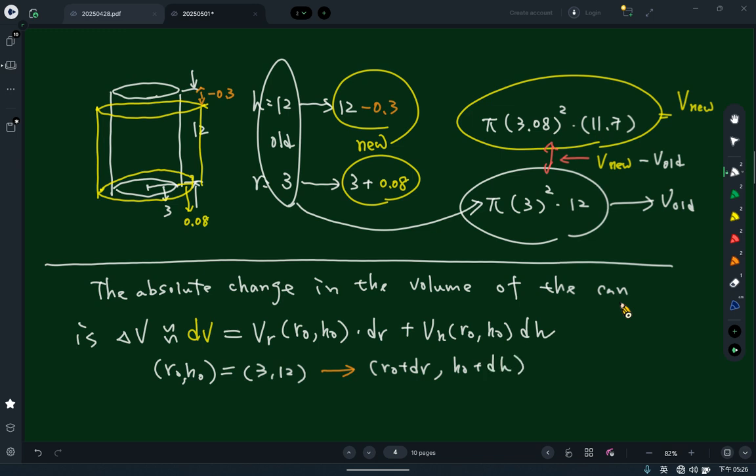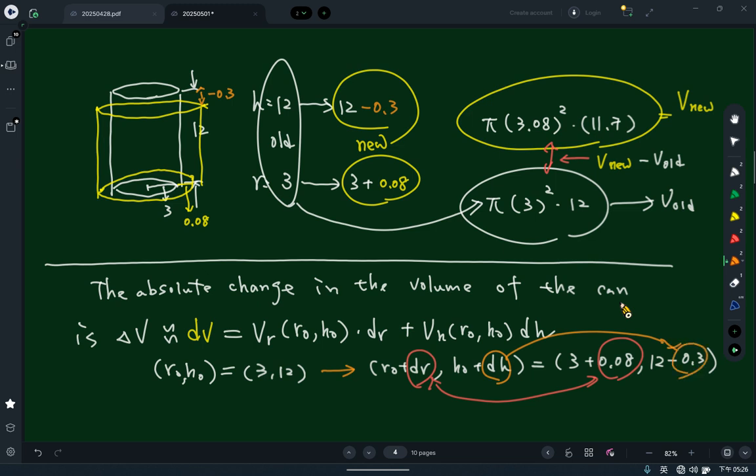That means 3 plus 0.08, 12 minus 0.3. So you can see this very small change in r, then there is a small change in h, right?